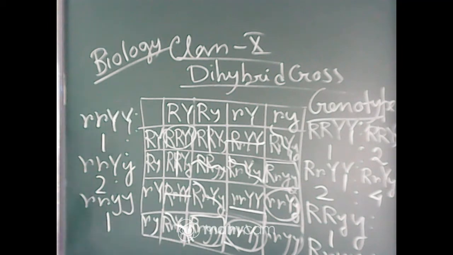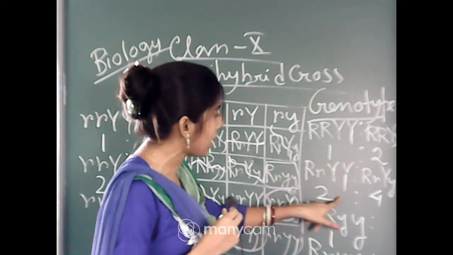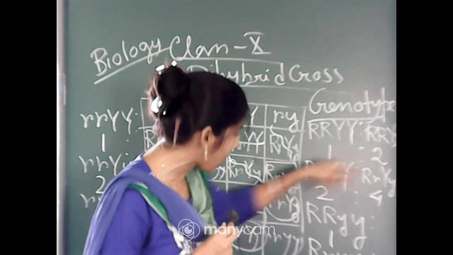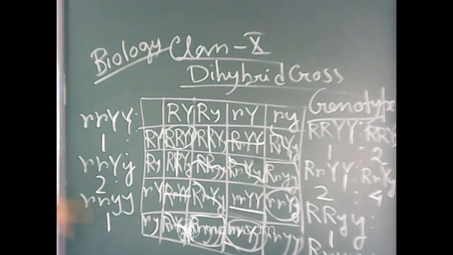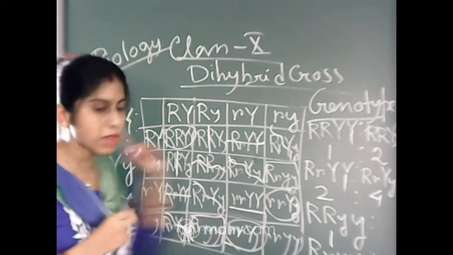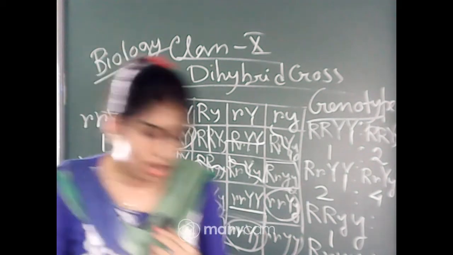So let me check whether we have done it right or wrong. So 2 plus 1 is 3, plus 2 is 5, plus 4 is 9, plus 1 is 10, plus 2 is 12, 13, 14, 15, 16. So 16 boxes were there. So that is the genotypic ratio of the dihybrid cross. Okay.